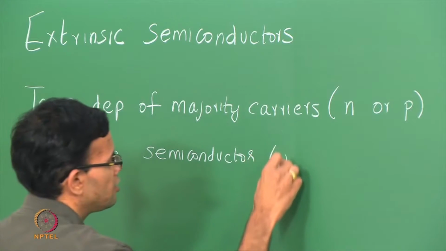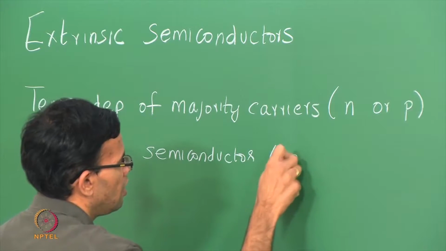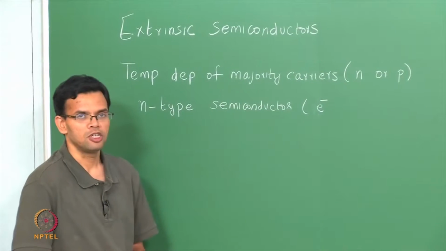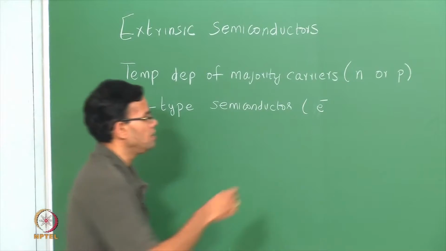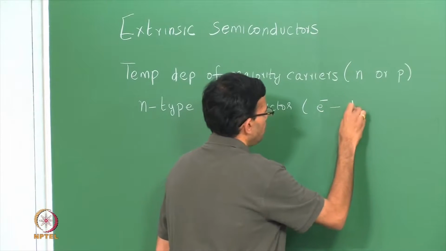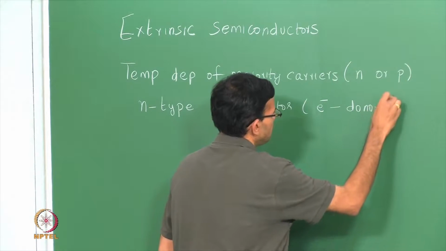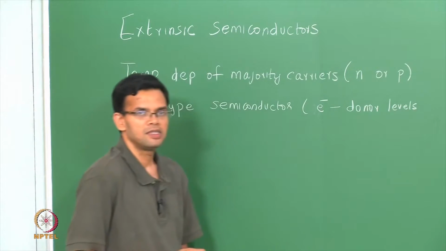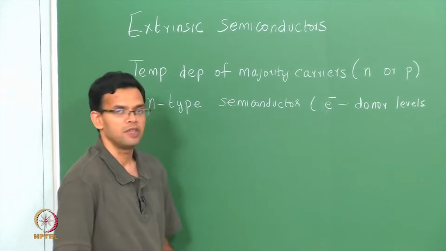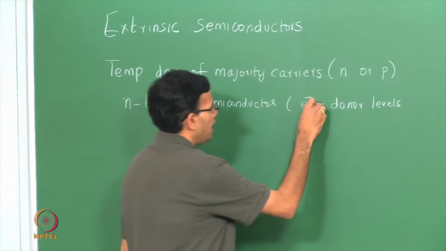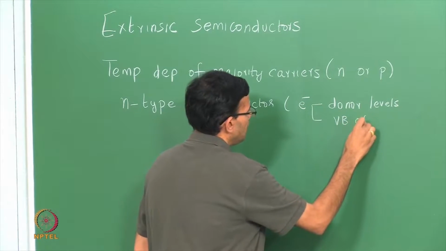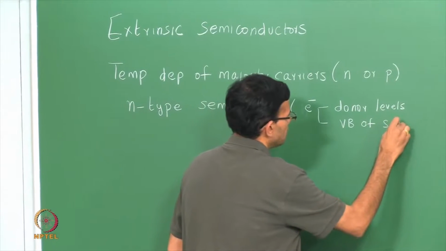In this case, electrons are the majority charge carriers, and there are essentially two sources of electrons. One, electrons can come from the donor levels. These levels are close to the edge of the conduction band. At high temperatures, the electrons can also come from the valence band of the semiconductor.